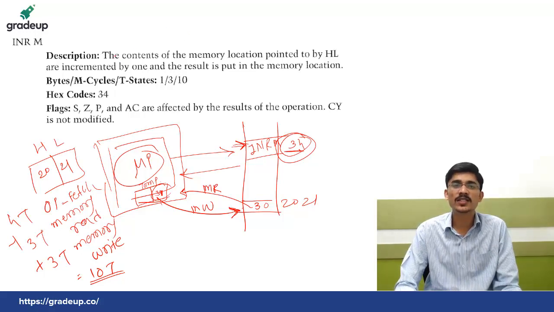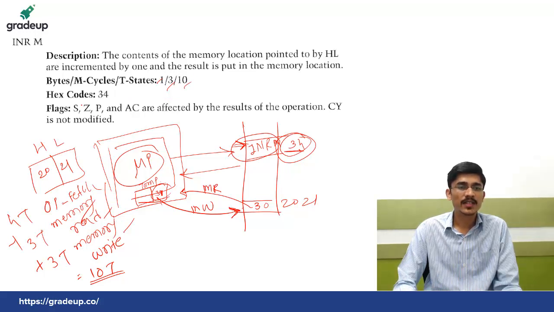Let's revise what this instruction is doing. The contents of the memory location pointed by HL are incremented by 1, and the result is put back in the memory location. It is only a 1 byte instruction, but it requires opcode fetch, memory read, and memory write, totalling 10 T states.